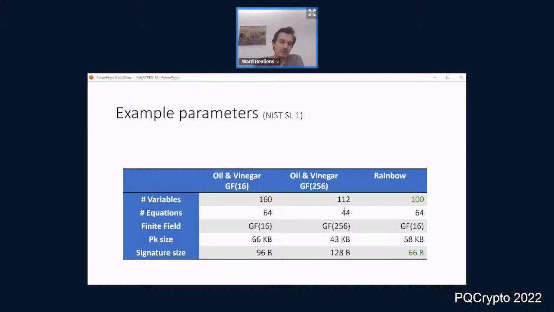This is good for the efficiency of your signing and verification, because if your map is smaller, then it's faster to evaluate. So Rainbow is a bit faster and also has smaller signatures, and that's why Rainbow was submitted to the NIST competition and not oil and vinegar.